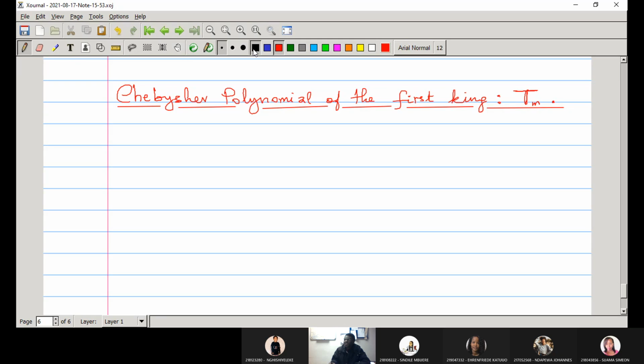So we said by definition, Tm or n, whatever you put there, is cosine m cosine inverse x. So this is how we define it for m. If I change this, I change there, right?